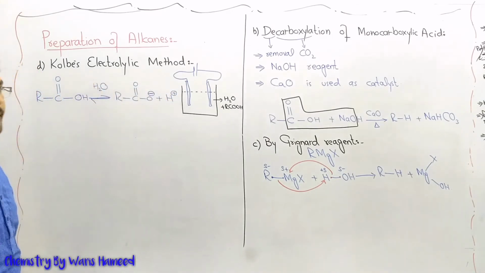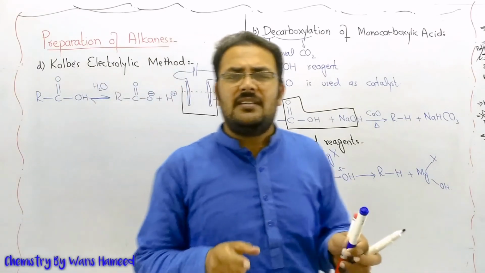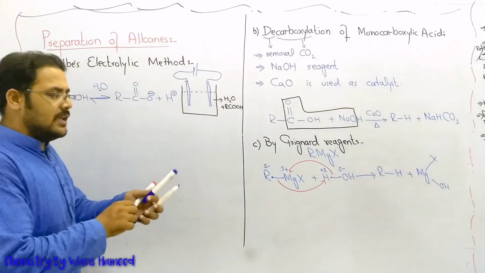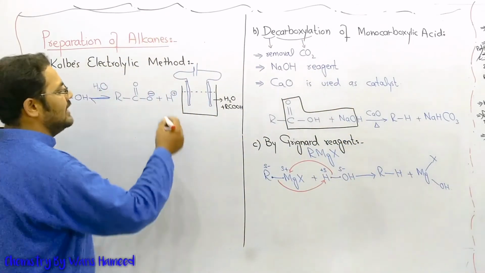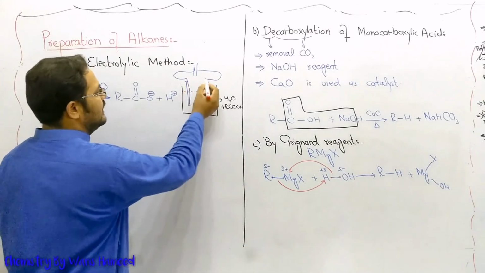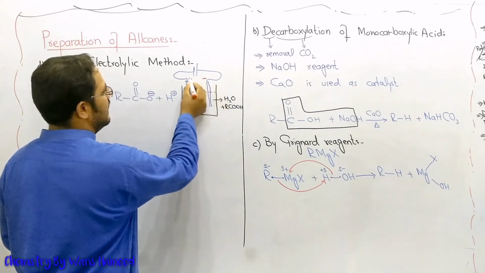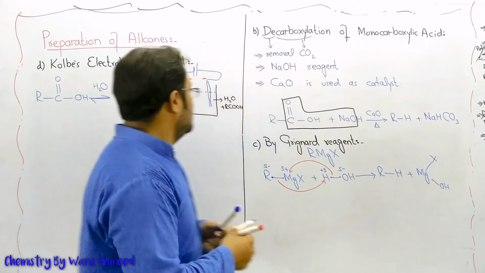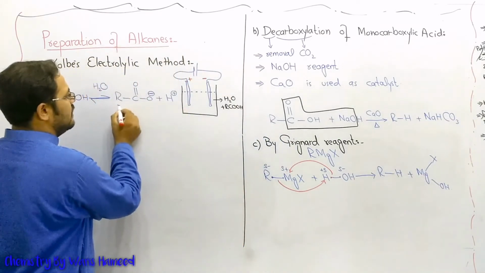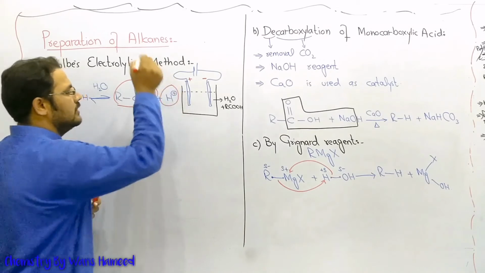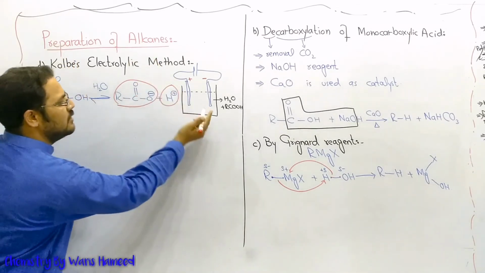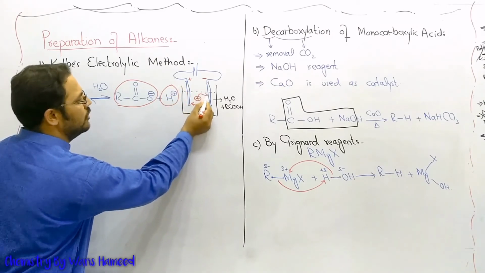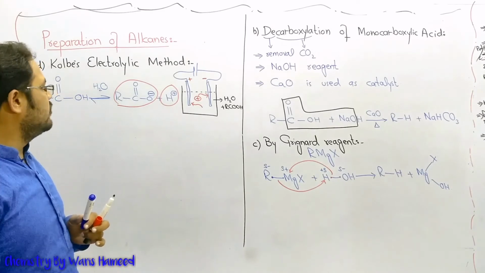When we connect those 2 electrodes with an electrical source, one electrode becomes cathode and the second becomes anode. Cathode is negatively charged and anode is positively charged. Now these negative ions will move toward anode, and these positive ions will move toward cathode.